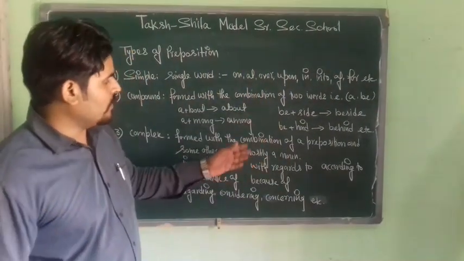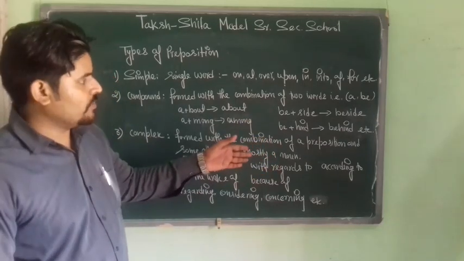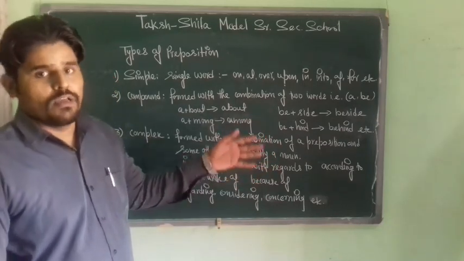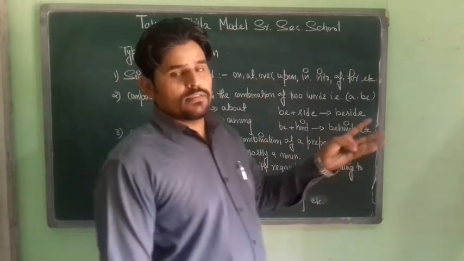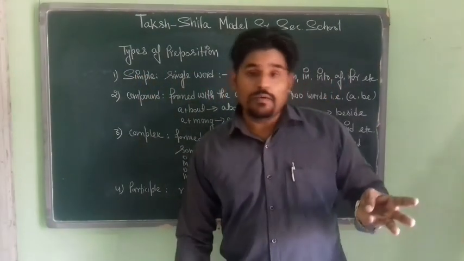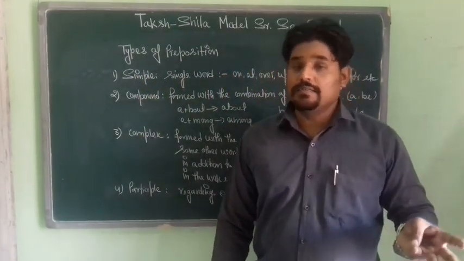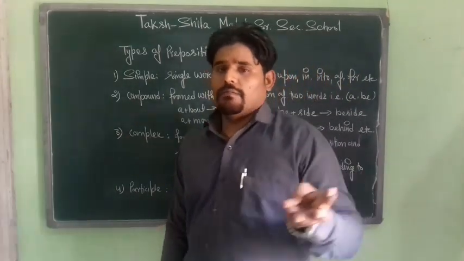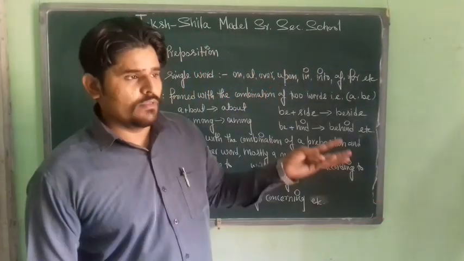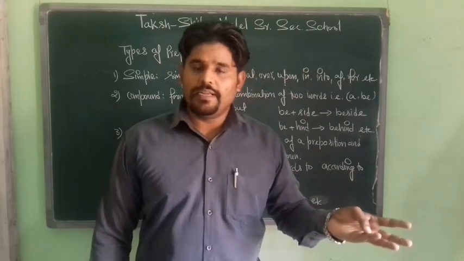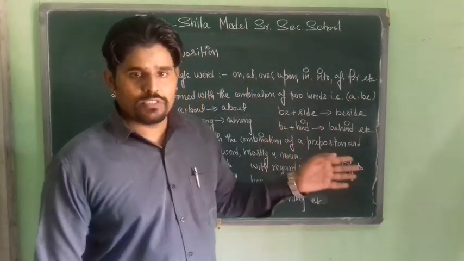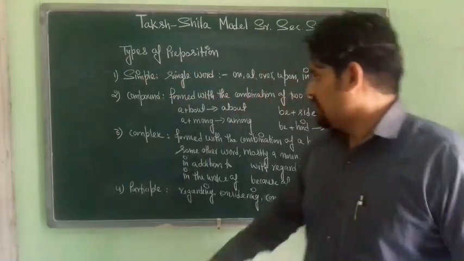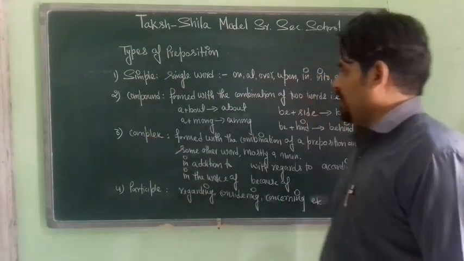There are many other prepositional words as well, which I have not written here. Let me tell you, there is between, there is besides, behind, before, then there is after, right? So all these prepositions are categorized as compound prepositions.